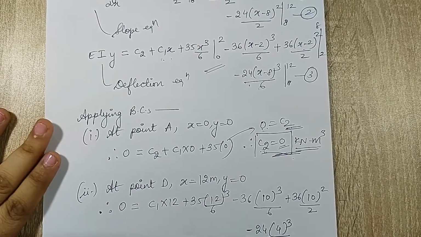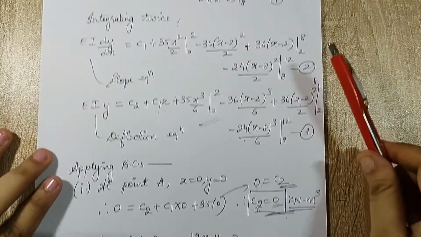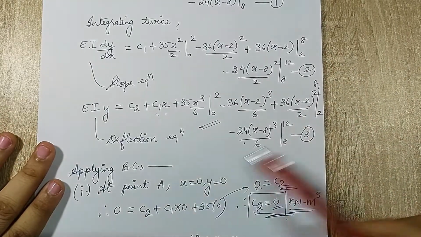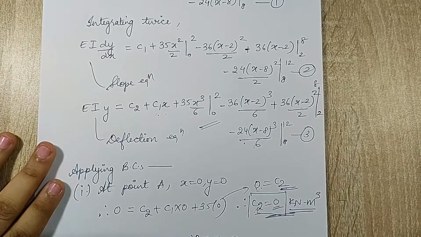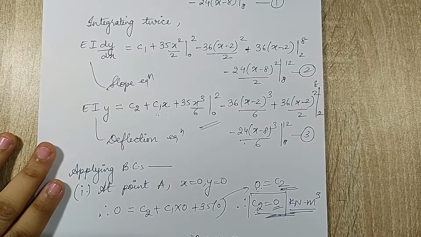Okay, now once I have found C1 and C2, I'll substitute in equation 2 and 3 and I'll rewrite and I'll get the equation 4 and 5, which will be the slope and deflection equation finally with the values of C1 and C2.